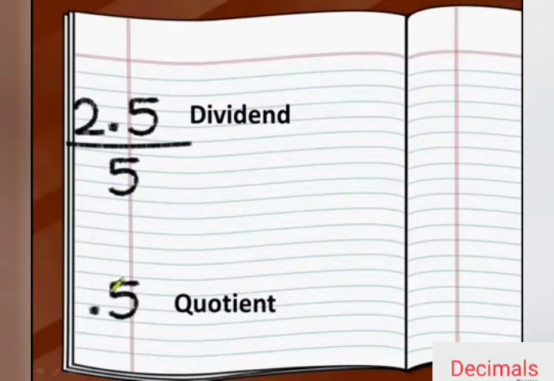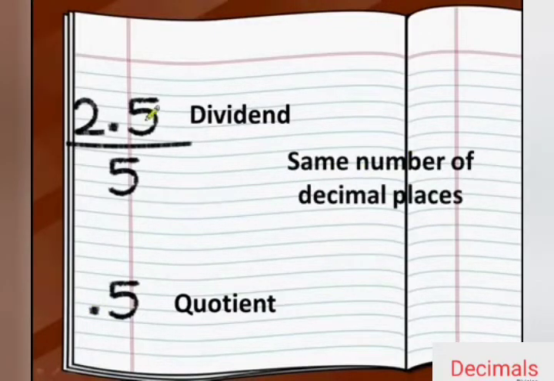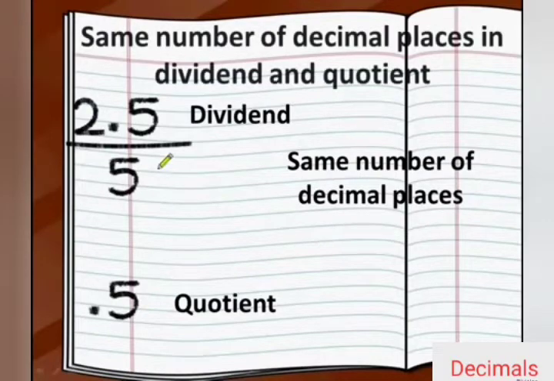So, tenths and then the decimal point. Clear? Just remember the one thing, that the same number of decimal places should be there. If after the decimal we have tenths and hundredths, then after the decimal 2 digits should be there.